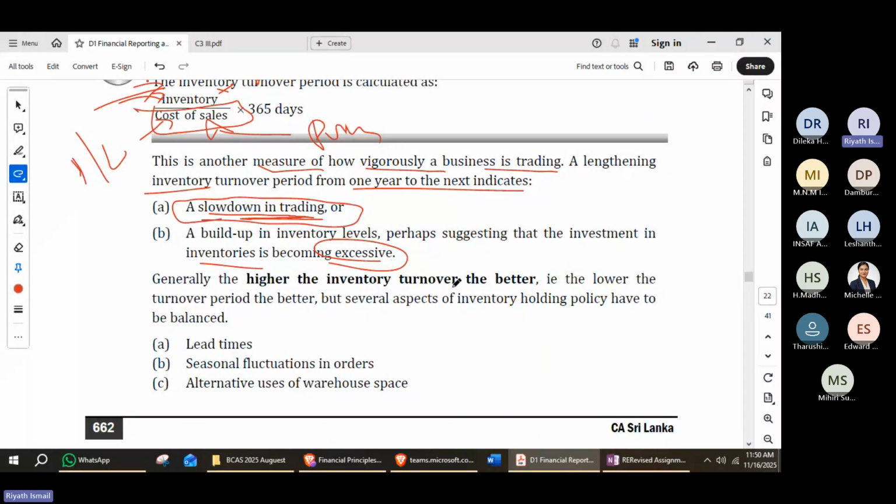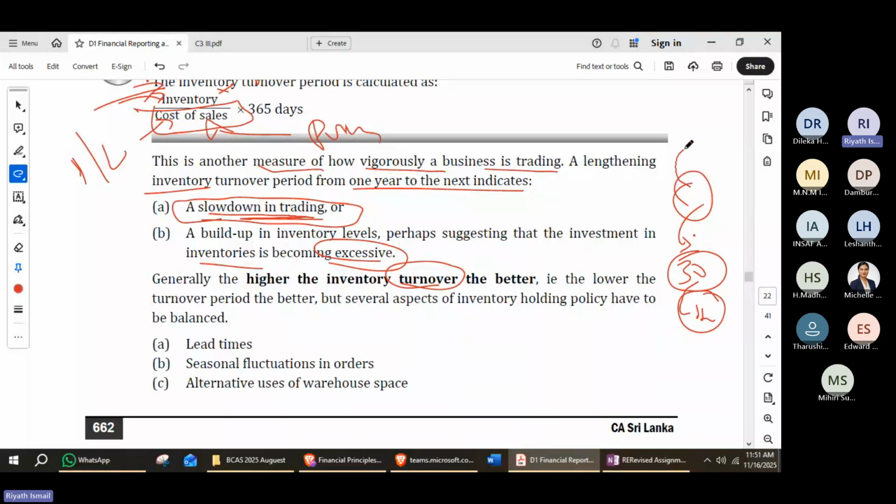Generally, higher inventory turnover. Inventory turnover means how many times the inventory turned. You buy inventory, you keep the inventory for 30 days and sell it. If you do so, in a year you can make 12 turns.